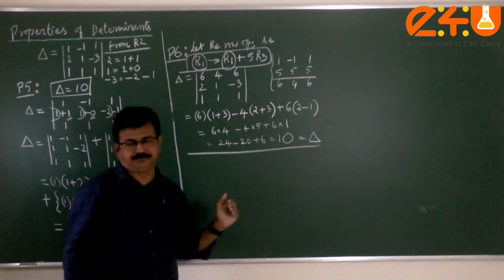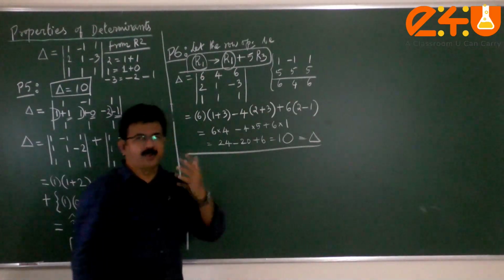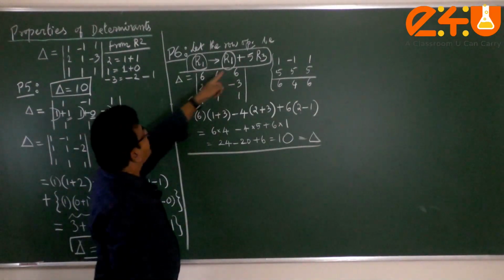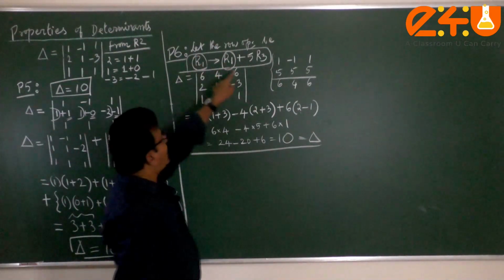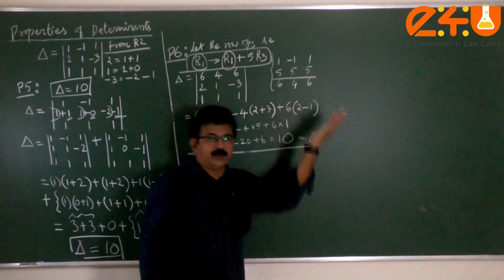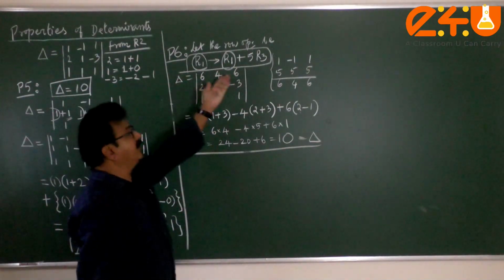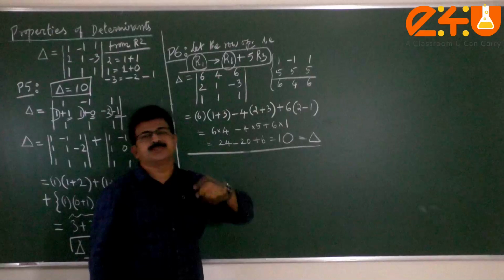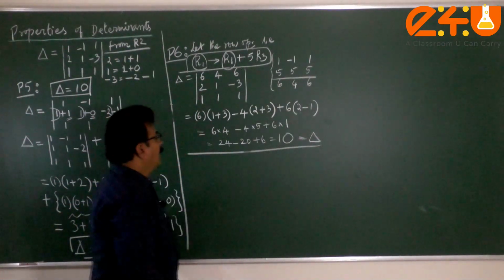That's what we saw, property P4, and we saw it is a common factor property. So that cannot happen. To all elements in a row, you can add multiples of any other row. Not multiply the same row with any other constant. That is prohibited. Students must avoid.